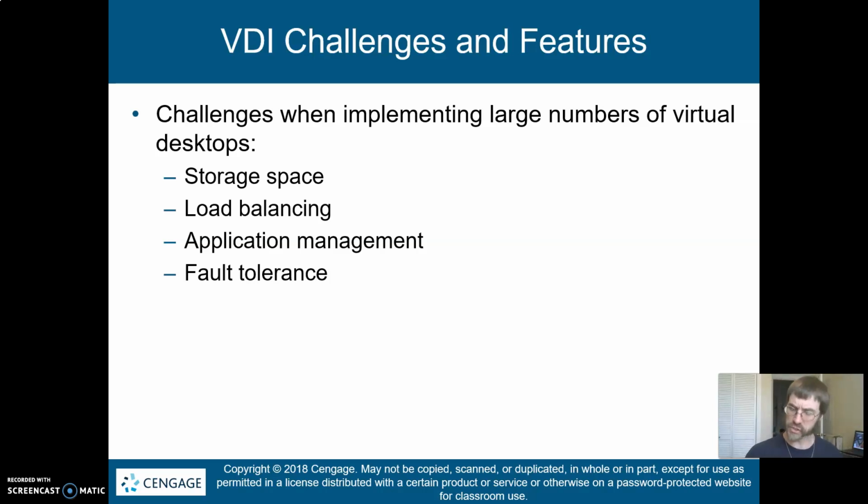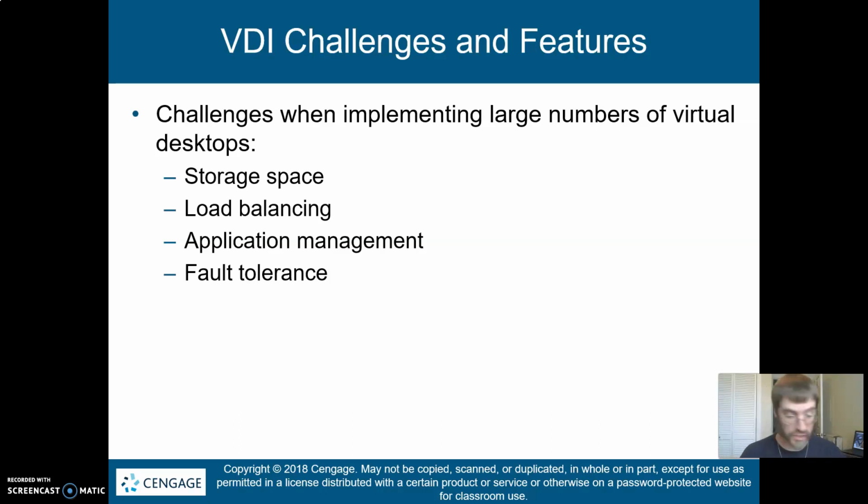Then fault tolerance. With a system with lots and lots of moving parts, inevitably one of them will break. More than one will break. How do you eliminate the single point of failure? How do you make sure your users can get to their virtual desktop without really needing to care where it's hosted, where it's stored, all of that.